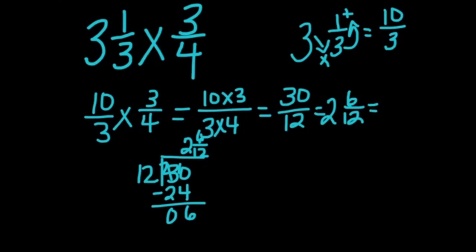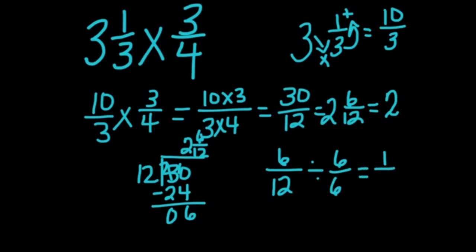So 6/12, they're both even numbers, so they absolutely can be reduced. So just move your whole number over and then come over here and take your fraction and reduce it. And you have to decide what can go into both a 6 and a 12 equally. And 6 can go into both of those equally. So 6 divided by 6 is 1. 12 divided by 6 is 2. So my answer is 2 and 1/2.